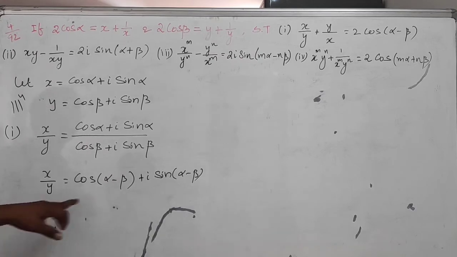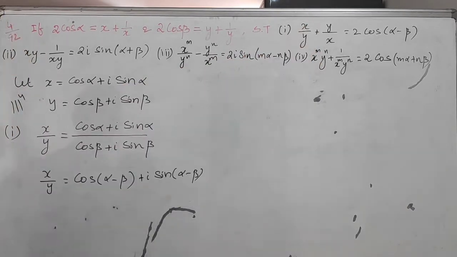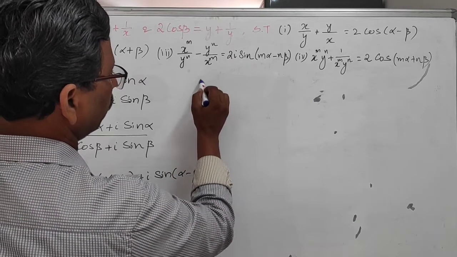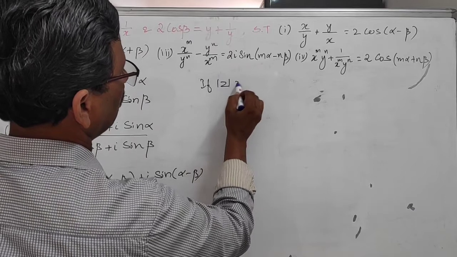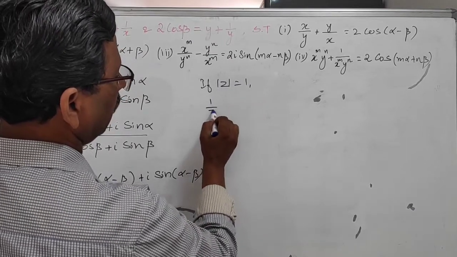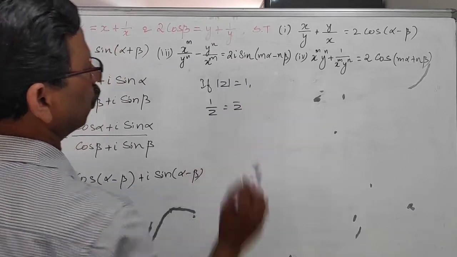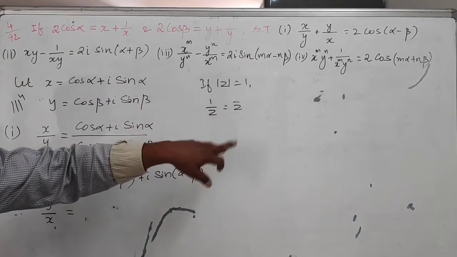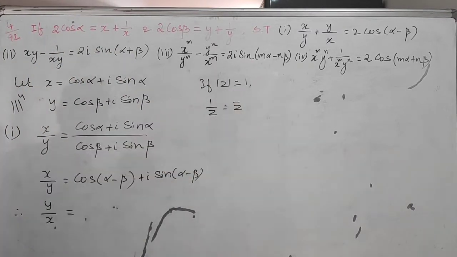After x by y we need to find y by x. Therefore y by x is nothing but the reciprocal of this one. Already I told you, if modulus z is equal to 1, then 1 by z is equal to z bar, that is, 1 by z means reciprocal of z. We have to check modulus z.